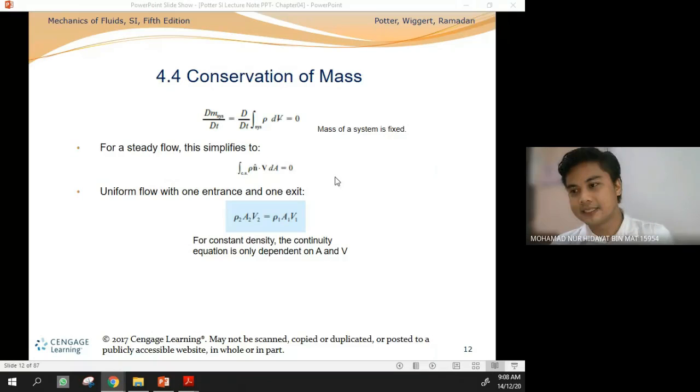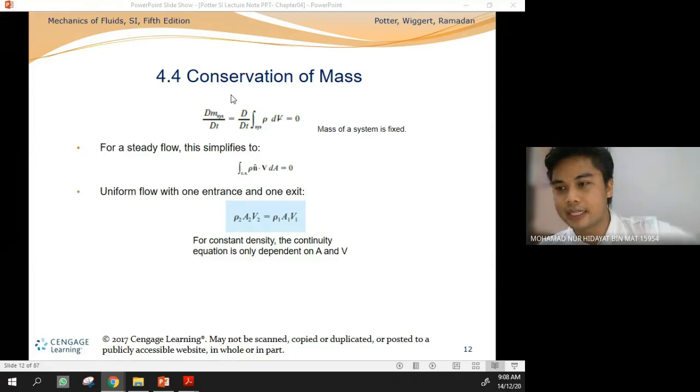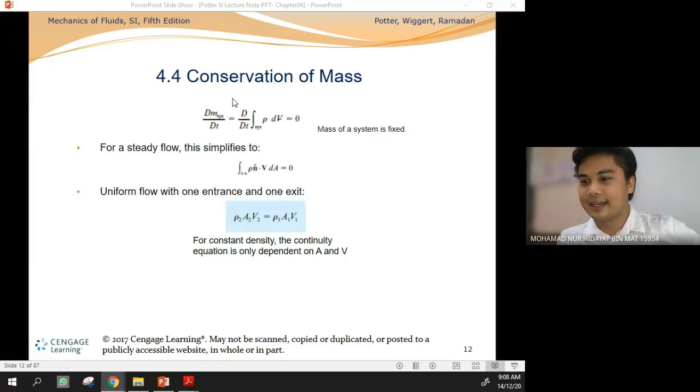So previously we have learned about the integral form. Remember chapter number 4 related to the integral form. Why do we need to learn the integral form? The answer is that the integral form is used in the engineering field to solve complex problems, right?